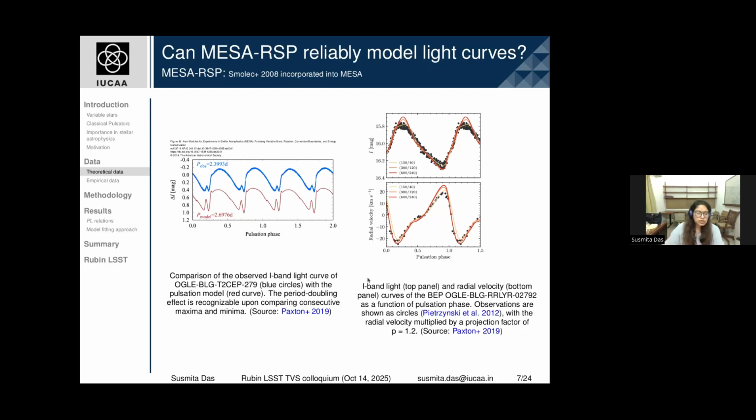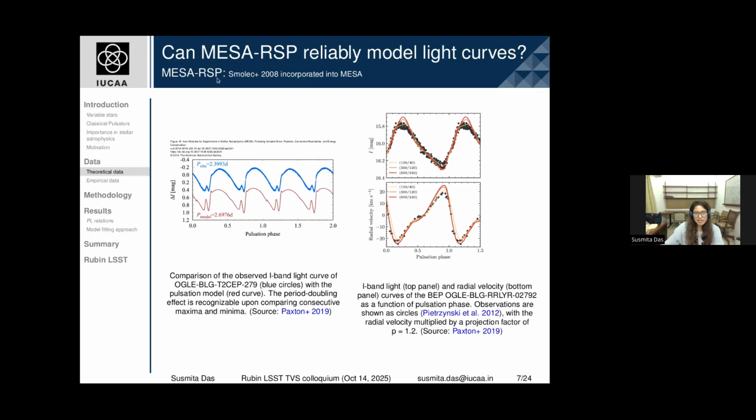Now coming to the data, first I will be talking a bit about the theoretical data that we have used for this particular study. I use what is called MESA-RSP. MESA is Modules for Experiments in Stellar Astrophysics, which is an open source code. Traditionally, this is a 1D stellar evolution code.